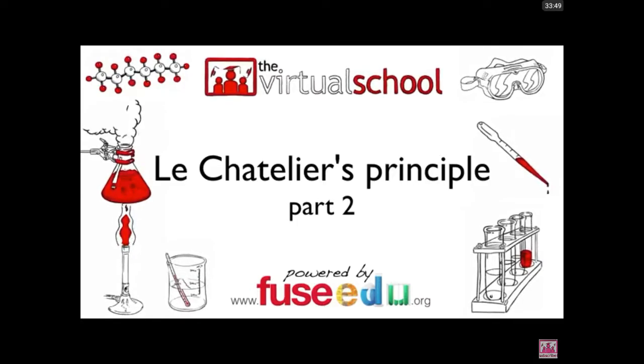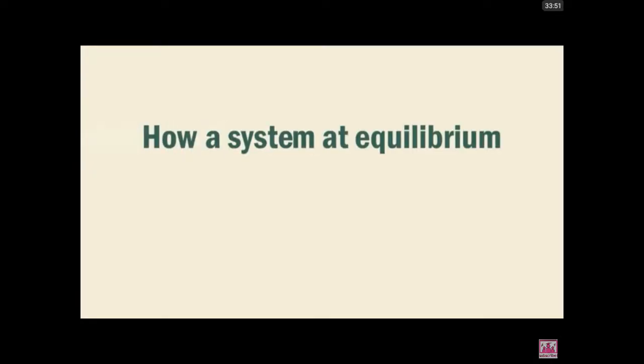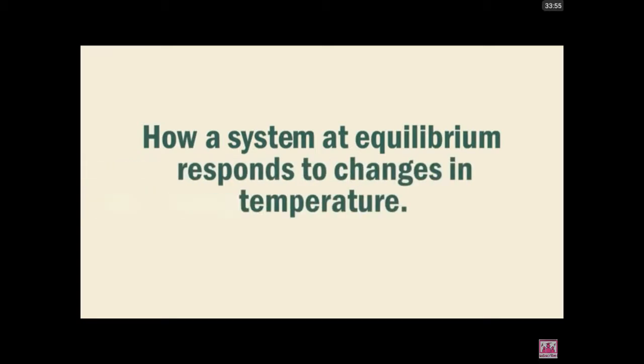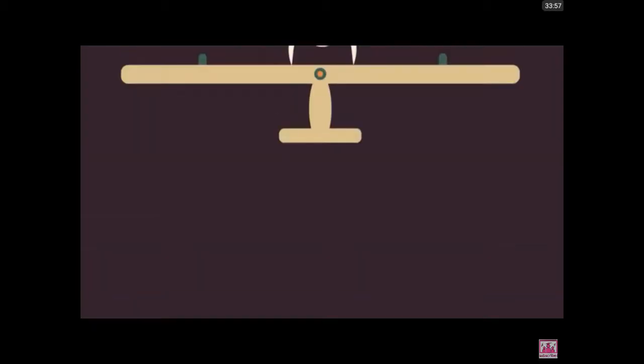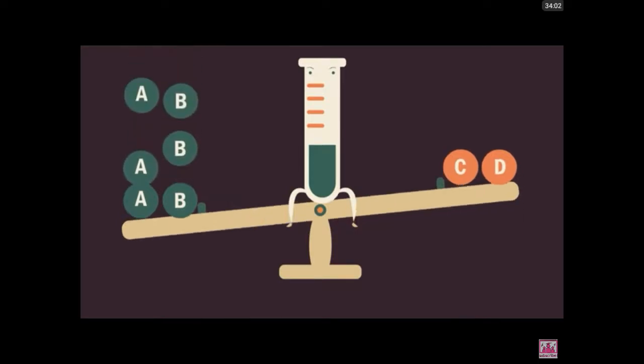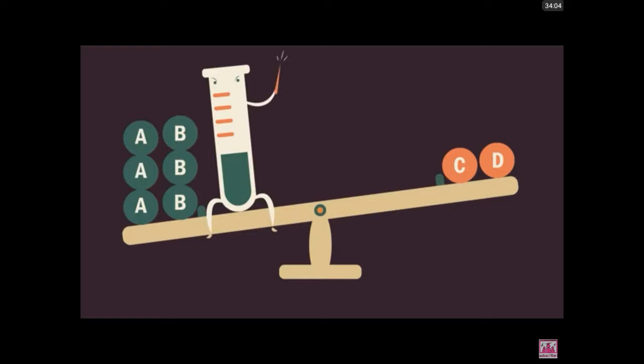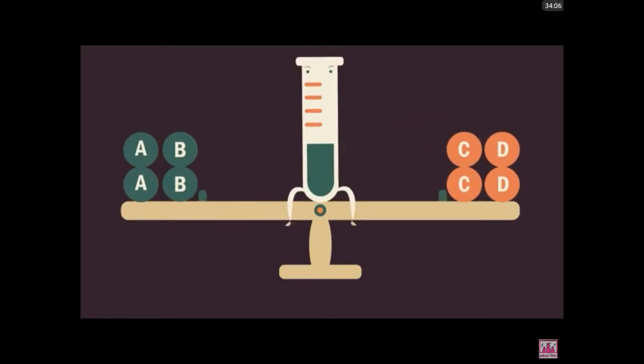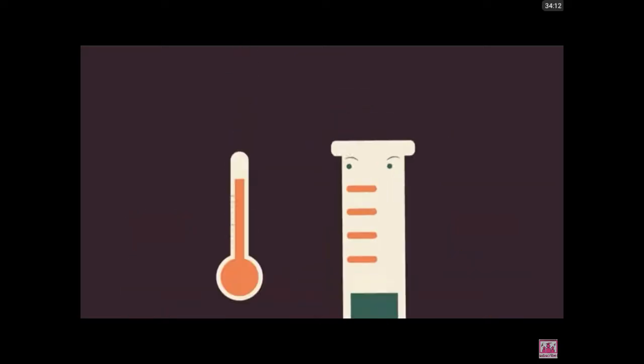In this lesson, you will learn about how a system at equilibrium responds to changes in temperature. Le Chatelier's principle states that a chemical system at equilibrium always works to restore equilibrium when it is stressed. To consider what happens to a system at equilibrium when temperature is changed, you must first consider the energetics of the reaction in question.